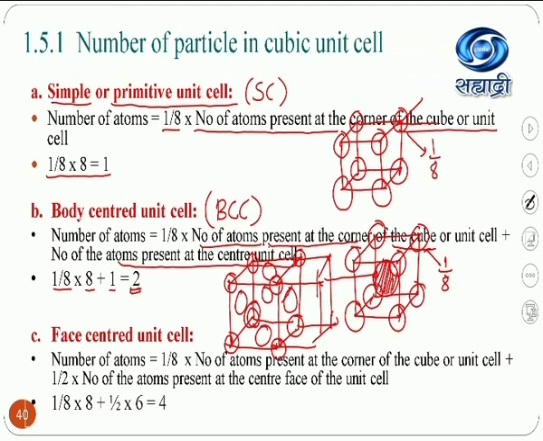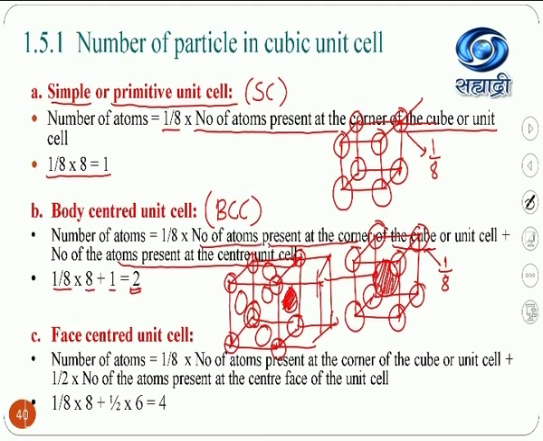That's why the sphere present at the center of a face will share 1/2 for each unit cell, or 50% for each unit cell. There are a total of 6 spheres present at the centers of faces, so 1/2 into 6 is equal to 3 constituent particles or 3 atoms coming from the face side.